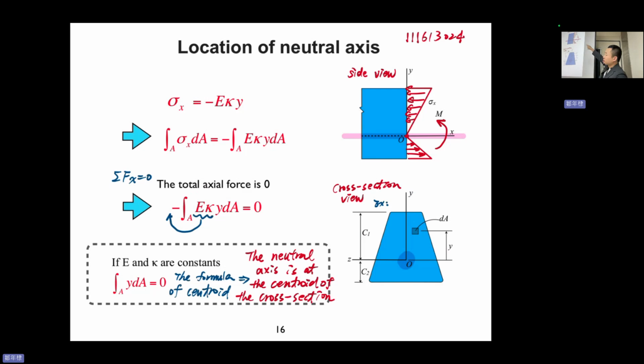You see there are plenty of stresses here, and this stress is caused by this M. So what value of M will correlate to the sigma x value? We are going to see that on the next page.